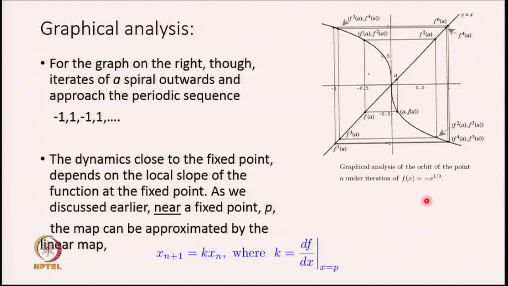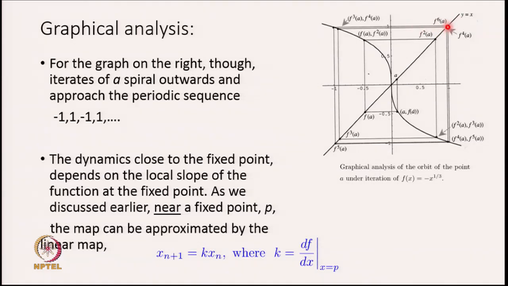This function, as you can see, is this particular curve over here in dark. And if I start close to the origin at the point A, I start from the diagonal, I go to the curve, I go to the diagonal, I go to the curve, and you can see that I am spiraling outwards, but then I spiral out to a cycle, which is shown here, getting darkened by the emphasis.